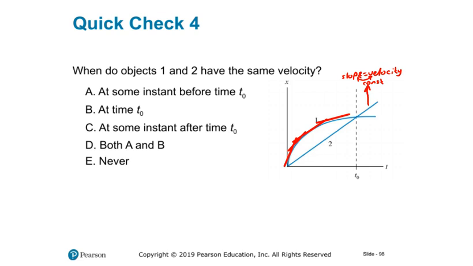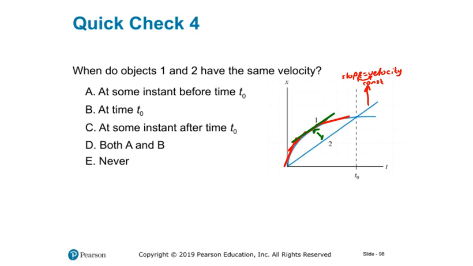It's curving. So I'm going to draw tangent lines throughout to see if at any point my tangent lines could be parallel to the other line. Alright, here we go.